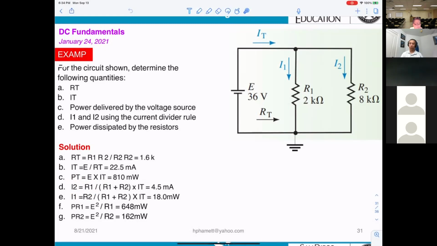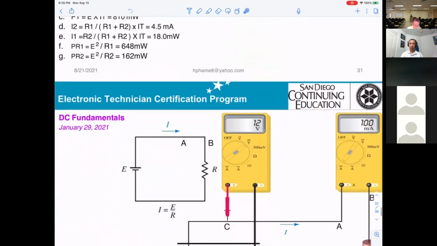Then you can calculate the power for R1 using E squared divided by R1, or E squared divided by R2. I already gave you the answer. You try to do it by yourself.